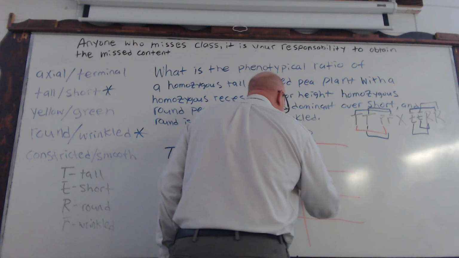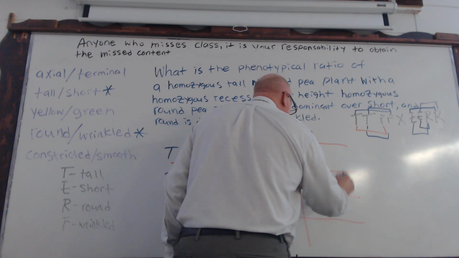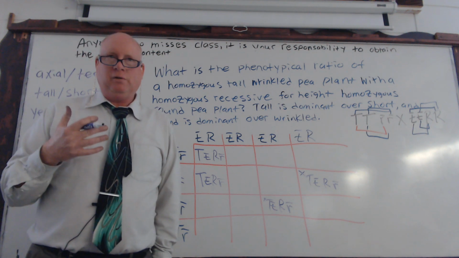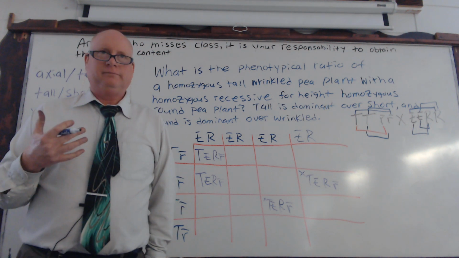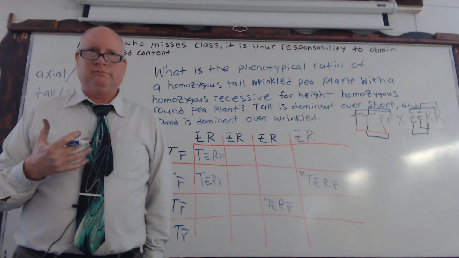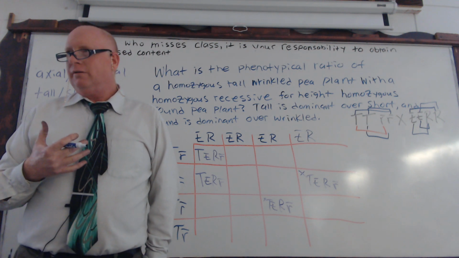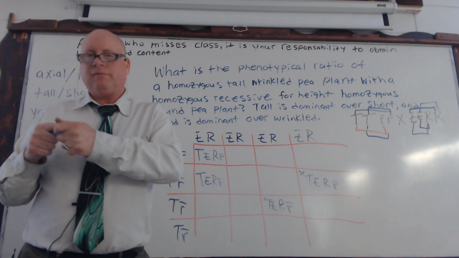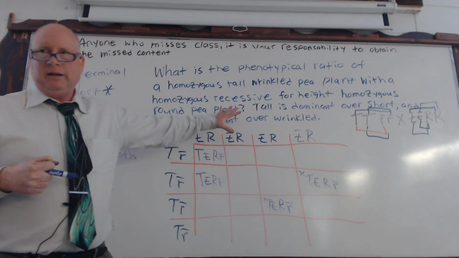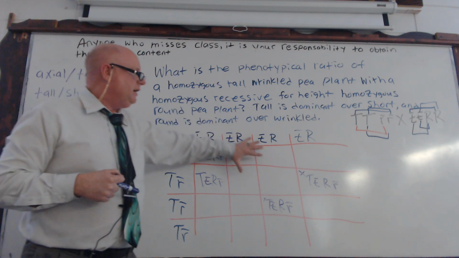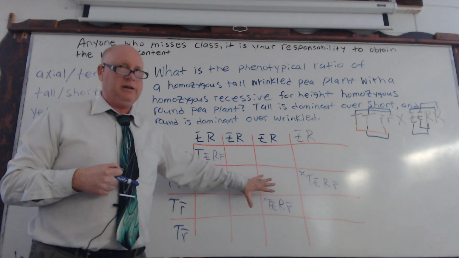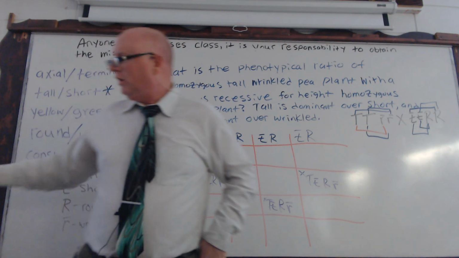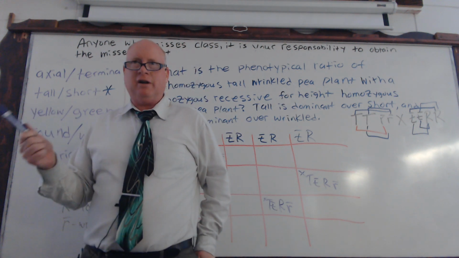Capital T, lowercase t, capital R, lowercase r. That's one of the things that happens when it comes to genetics. If you just throw one letter off, it throws the whole thing off. I mean the phenotypical ratio. So I'll leave that for you to finish, but we already said that this is all going to be the same. So tomorrow we'll continue with some of these dihybrid crosses.